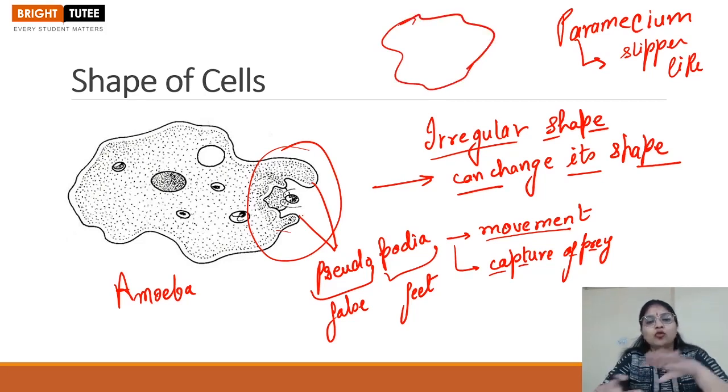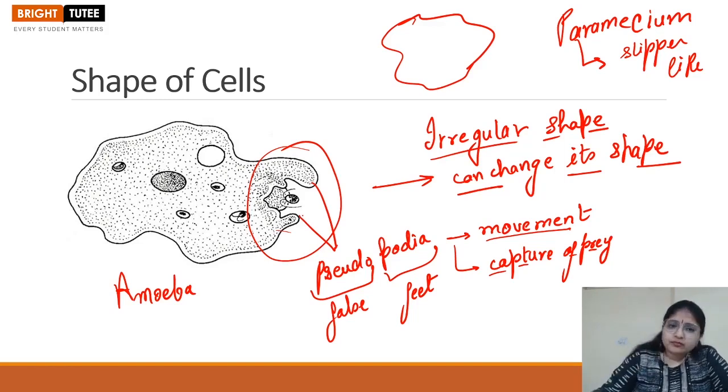That means there is no pseudopodia seen in this particular amoeba, right? So once the function is done, the pseudopodia disappear, right? So this protruding out of the pseudopodia is a benefit of having an irregular shape, because this allows the amoeba to perform various functions, right?